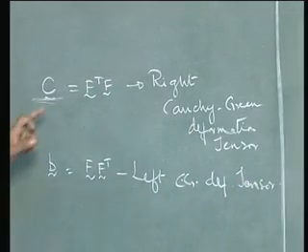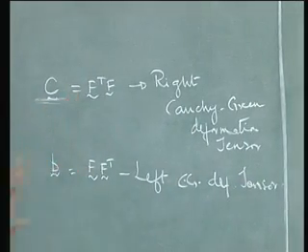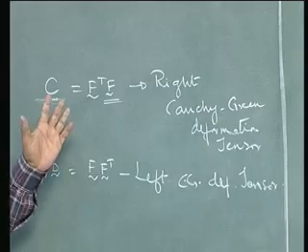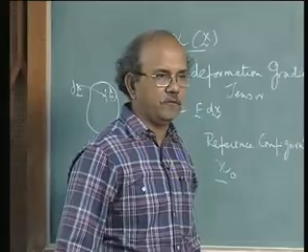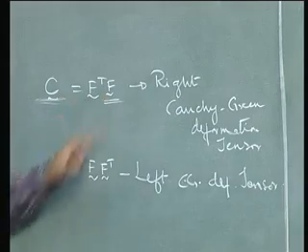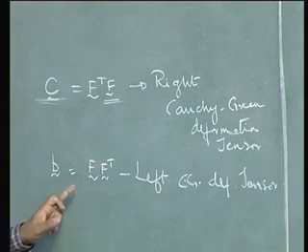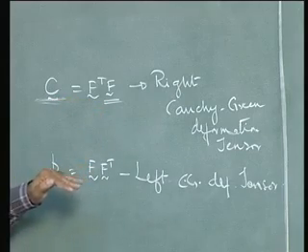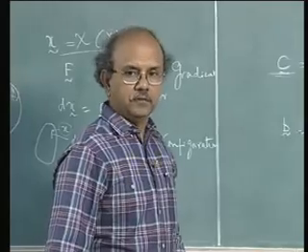Now look at this, why is it called right and why is it called left? The reason is very simple, though people do not understand that. It is just that F is written to the right of F transpose, and F is to the left, and hence they are called the right Cauchy-Green deformation tensor and the left Cauchy-Green deformation tensor.